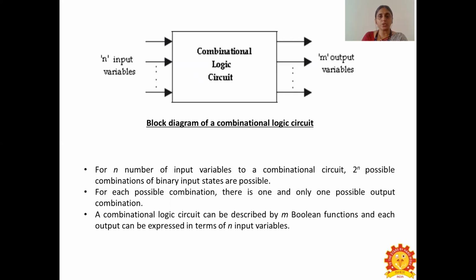For each possible combination, there is one and only one possible output combination. A combinational logic circuit can be described by m Boolean functions, and each output can be expressed in terms of n input variables.